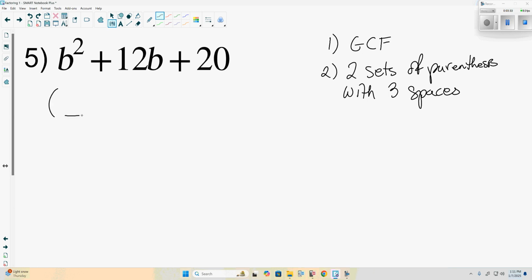So we can move into step 2: our 2 sets of parentheses with 3 spaces. Our third step is to find the sign.